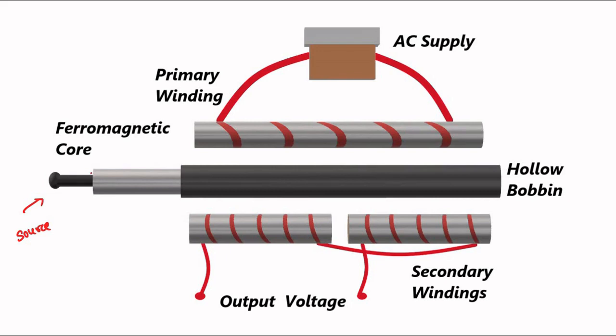So what happens when the core is exactly in between these two secondary windings? The degree of coupling of the primary winding with each of these secondary windings is the same. That is the coefficient of coupling.